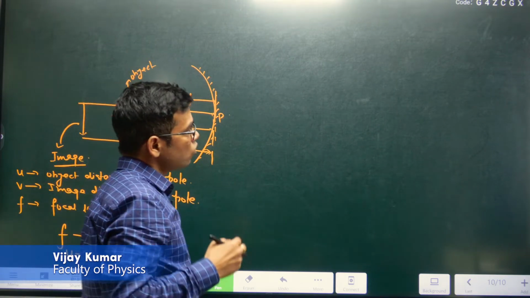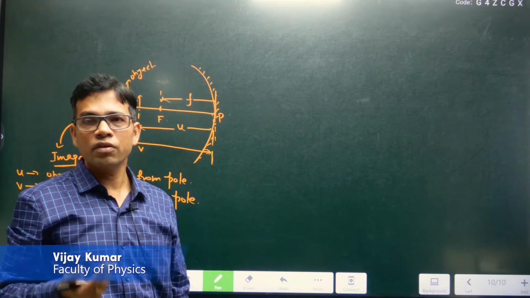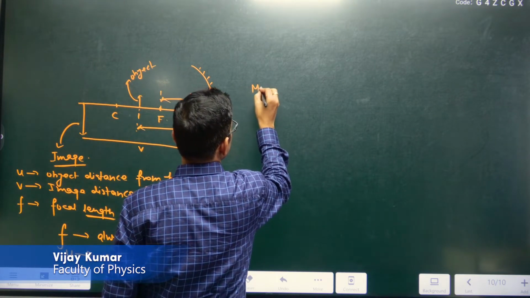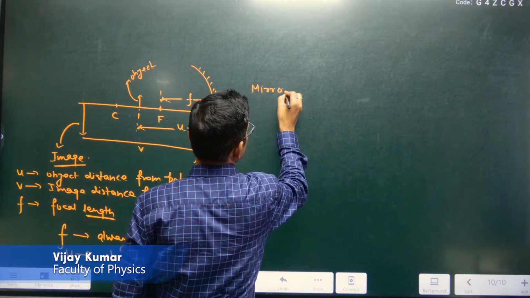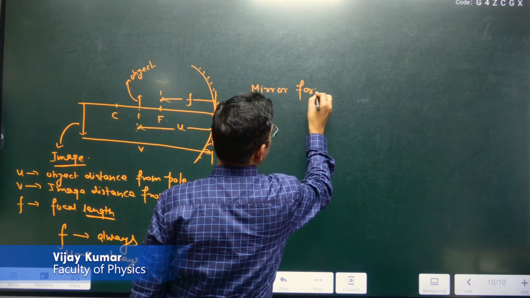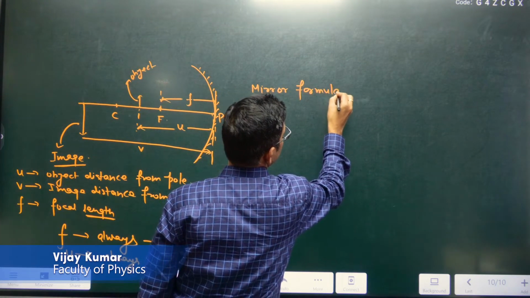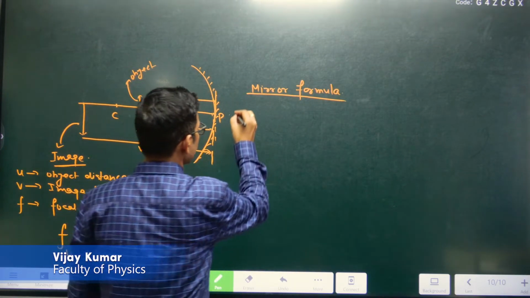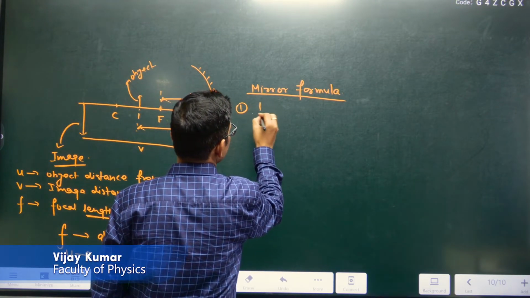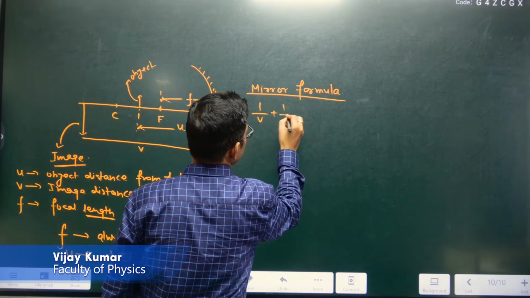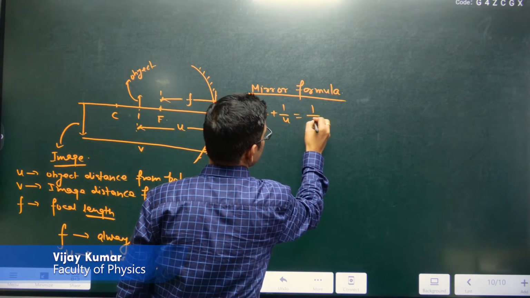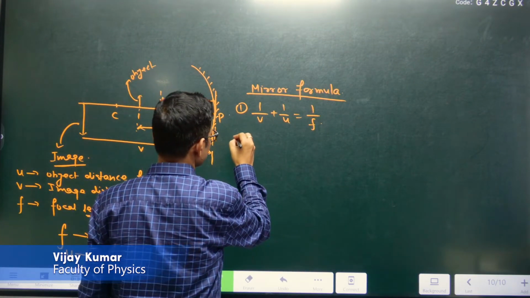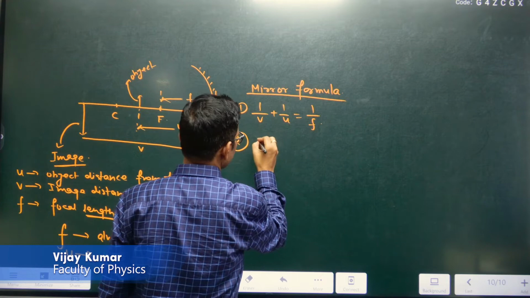Now we will come to the mirror formula. The first formula is 1 by v plus 1 by u is equal to 1 by f. Second, the magnification.